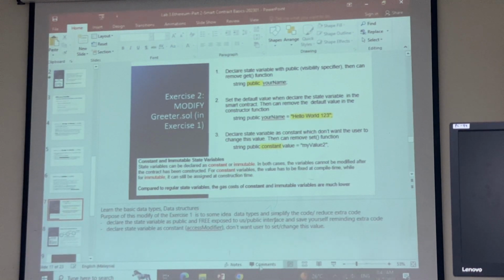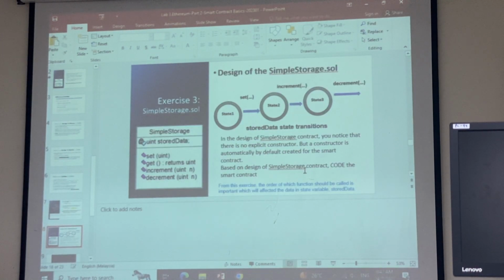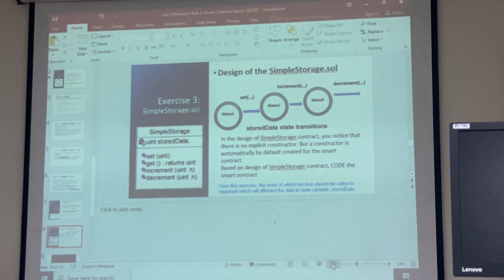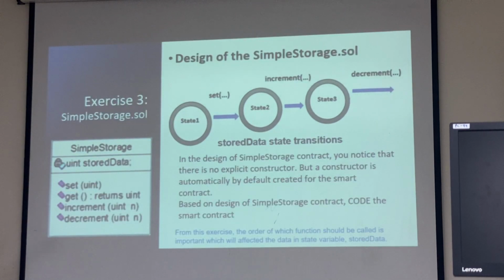So now, I want you to use that exercise number 2 and write this exercise. This exercise, increment and decrement. You have one variable. Do this one for 10 minutes. Okay?